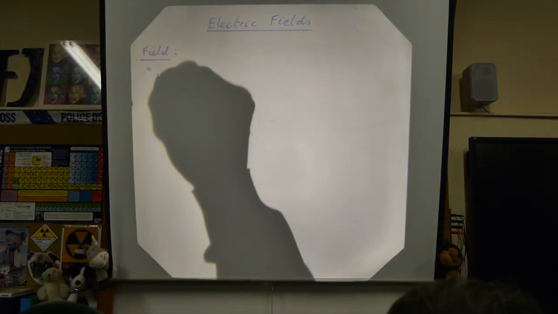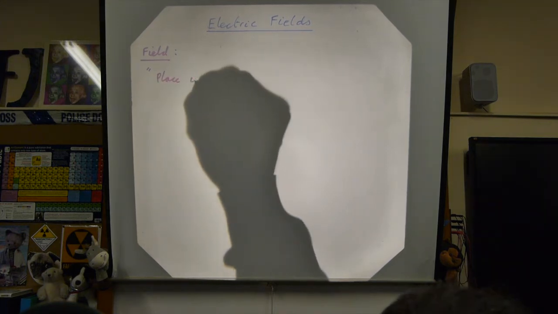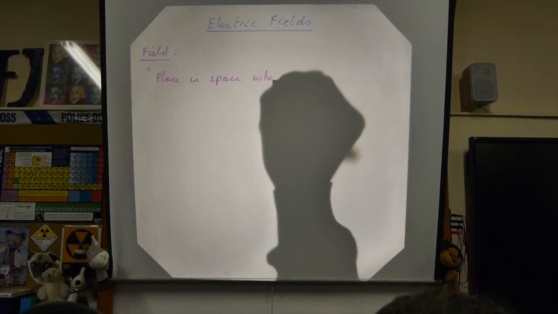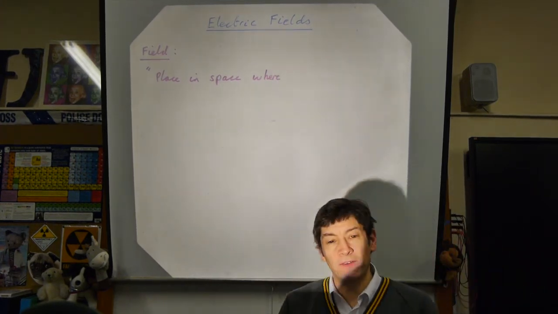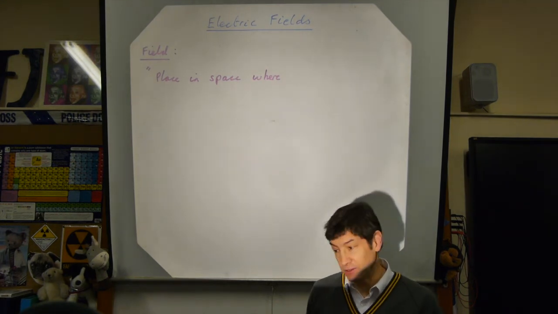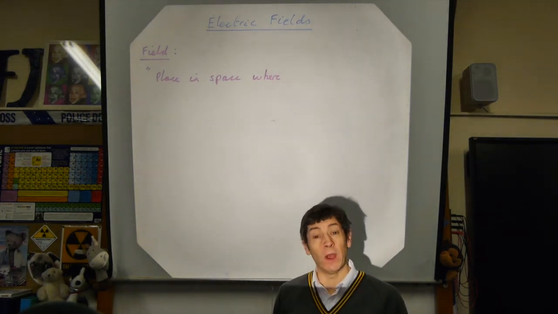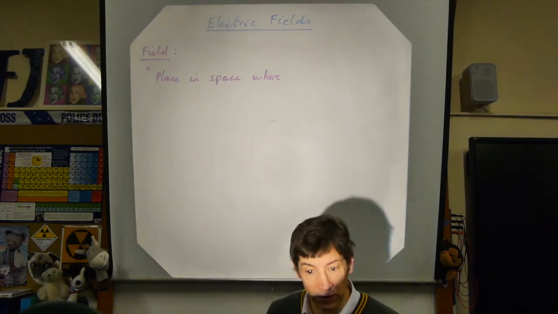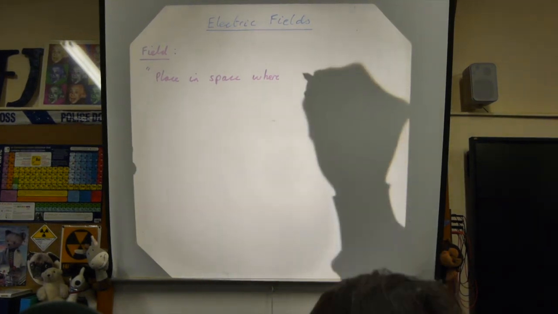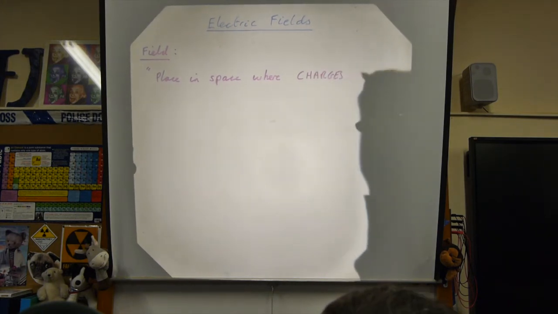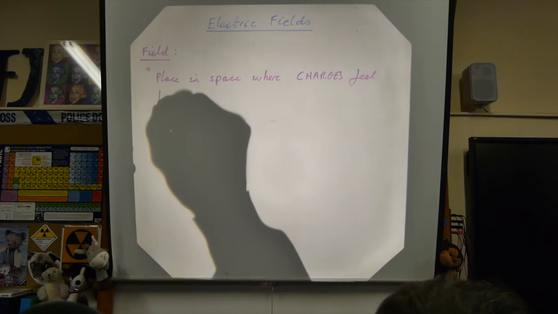It's a place in space where... Now, we have to stop here for a second, because which field are we talking about? Well, if it's the gravitational field, it's a place in space where masses feel forces. But we're looking at the electric field, so it's a place in space where charges feel forces.